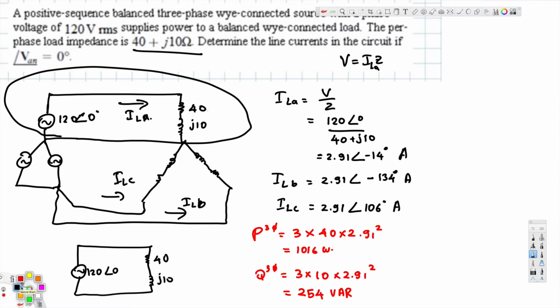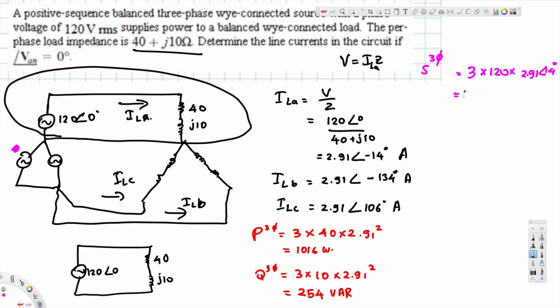Okay, now this is total reactive power, and also you can find out the total power delivered by the source. Total power delivered by the source to the three-phase system, that is coming from this source, and to calculate that one, that is 3 times 120, because that's the voltage right here, 120 times the phase current with the angle, that's going to be 2.91, but the angle, we only have to change the angle to be positive, so this is going to be just plus 14 degree.